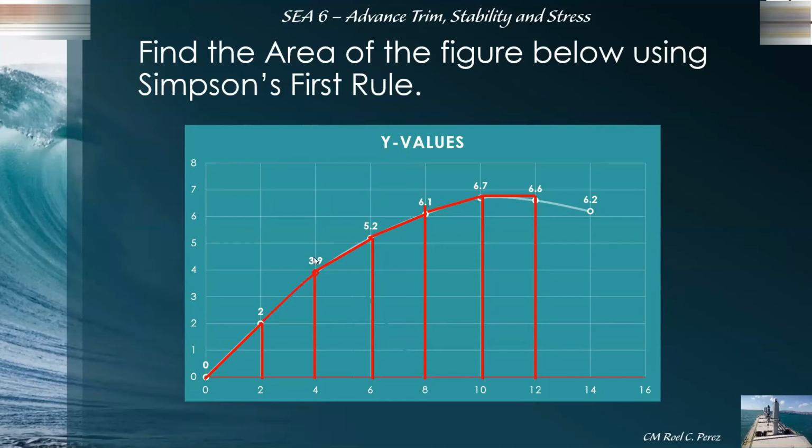Y3 is this one, up to Y7. So this 6.2 is not included, otherwise we cannot use Simpson's first rule. Simpson's first rule says the interval should be divisible by 2. For this one, we have 6 intervals with the same measurement, so it is divisible by 2. And we also have an odd number of ordinates: 1, 2, 3, 4, 5, 6, 7.